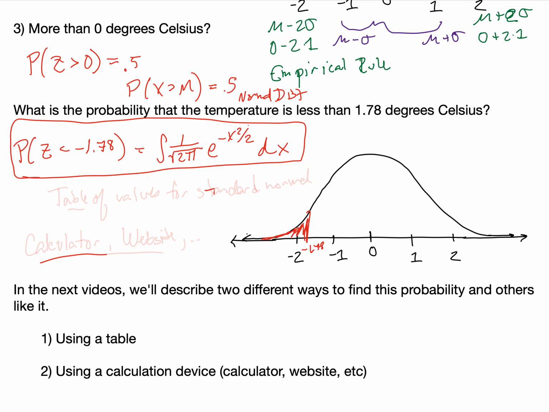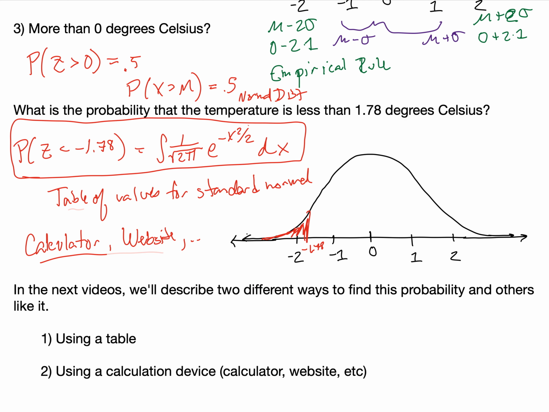So different ways people might do it are by using a table of values for the standard normal that have been previously calculated, or by using a calculator that gives this value, or a website or a program that gives this value, because finding probabilities for normal distributions is very common to need to do.